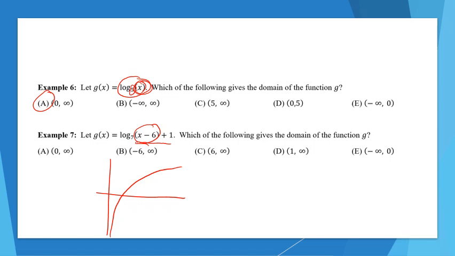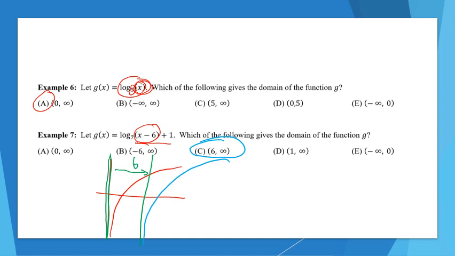However, because it's minus 6, it's shifted over 6 units. So that vertical asymptote is now being shifted over 6 units because the new graph is going to behave like this. And so our new domain should be from 6 to positive infinity. And so that should be our answer there.